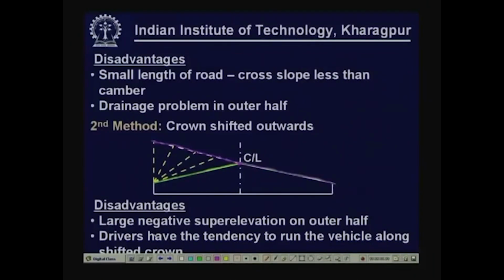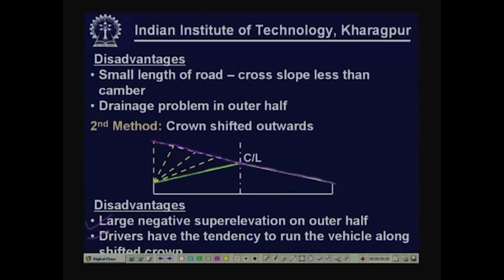So, it is also not flawless, rather it has also got its own disadvantages. Let us now see the major disadvantages. So, one is large negative super elevation on outer half. Number 2, drivers have the tendency to run the vehicle along shifted crown.